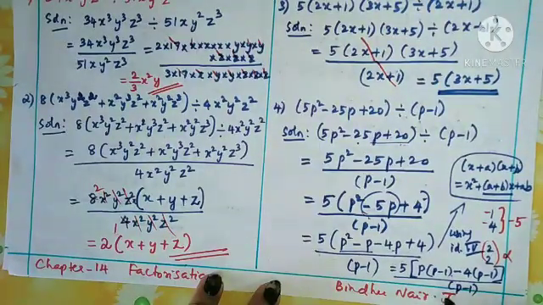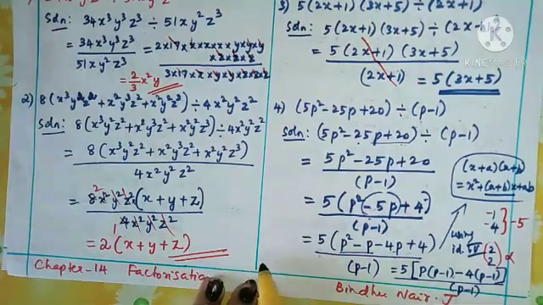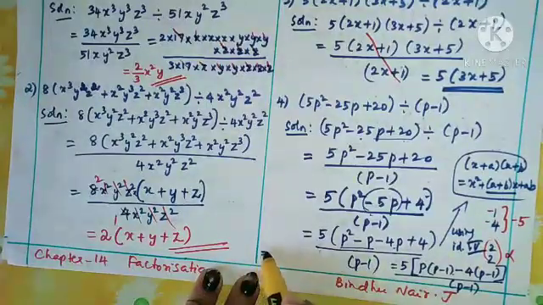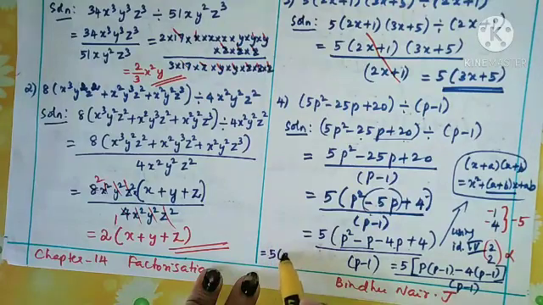Now you see, when you collect these two, how can you write? Yes, p minus 1, p minus 1, both the brackets are same. So you can take this p minus 1 common again outside. So this will become 5 into p minus 1 is taken outside and the balance p minus 4.